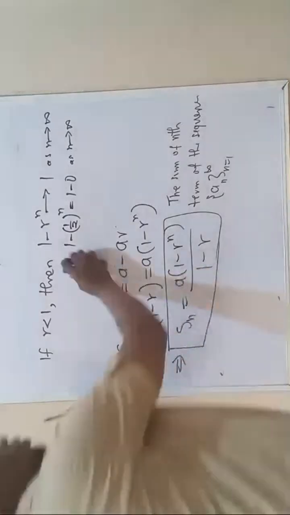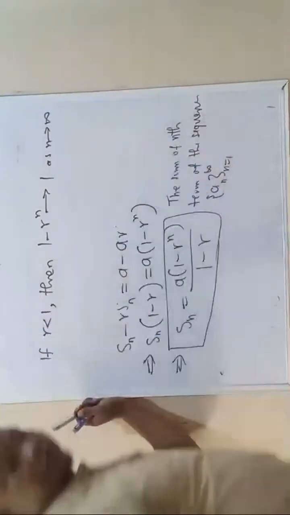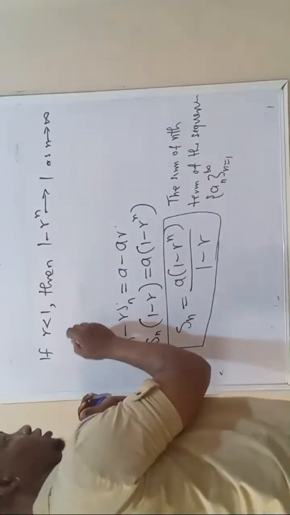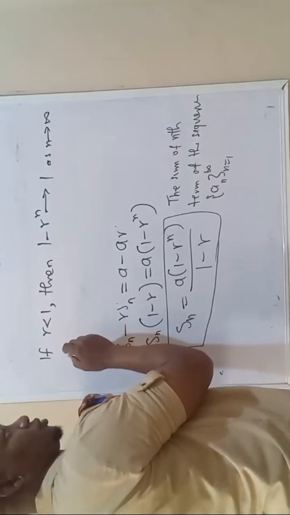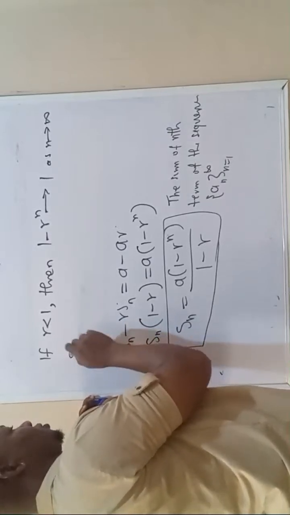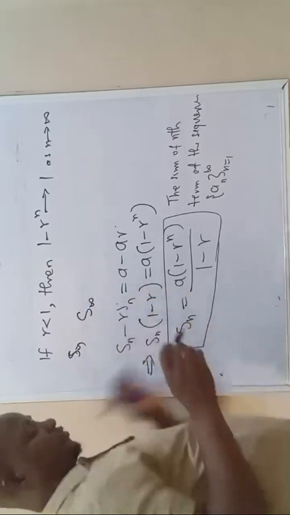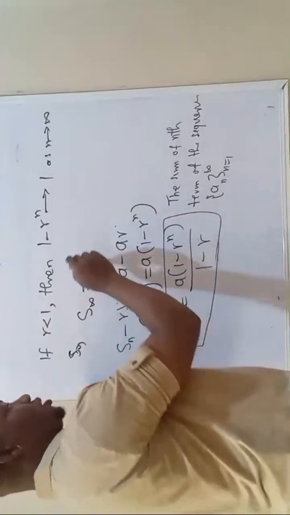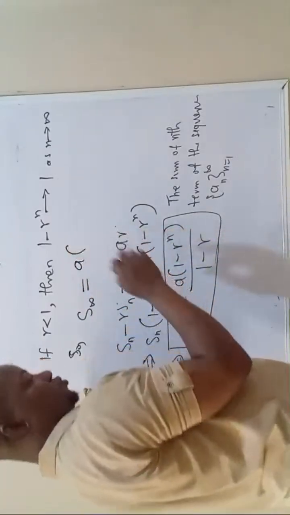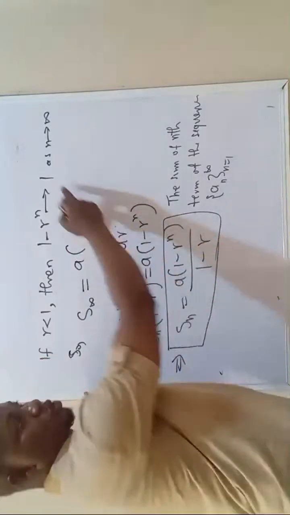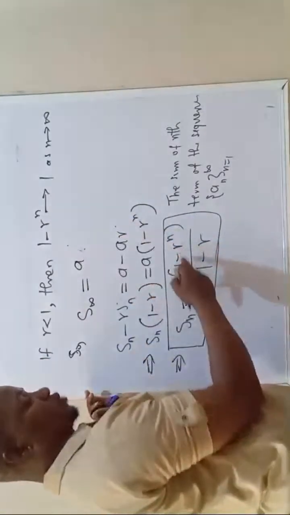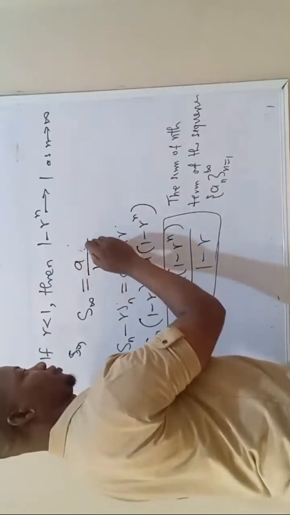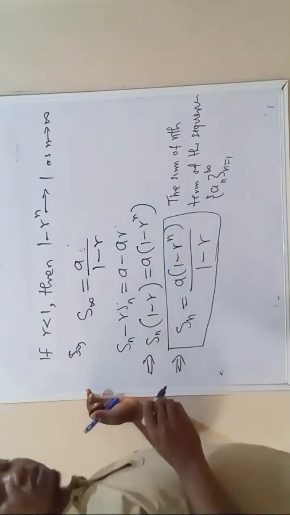And because of that, this formula at infinity will be equal to a times 1, that will be a, and this should be 1 over 1 minus r.